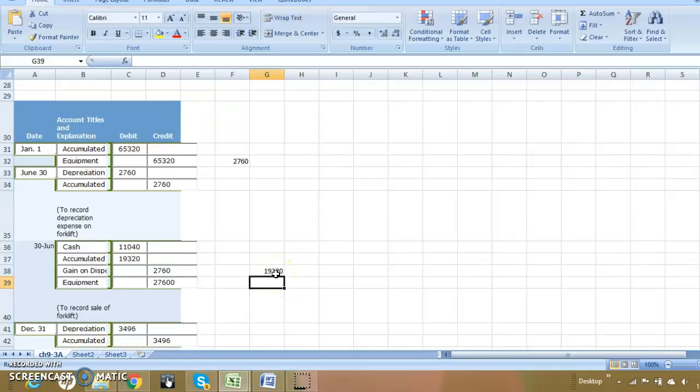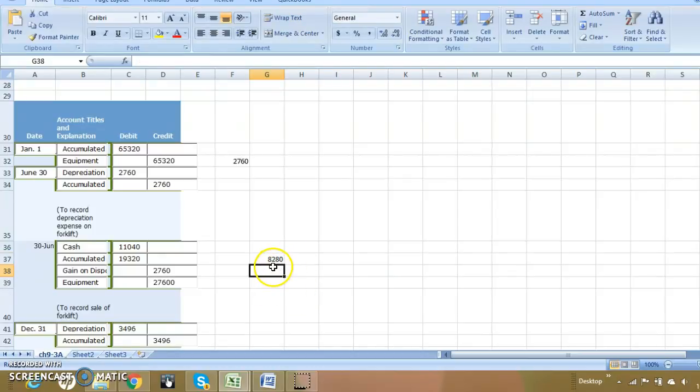Now from this, we will calculate the adjusted book value. Again, we take the cost of the forklift, 27,600, minus the accumulated depreciation, 19,320. So we get the adjusted book value of 8,280.